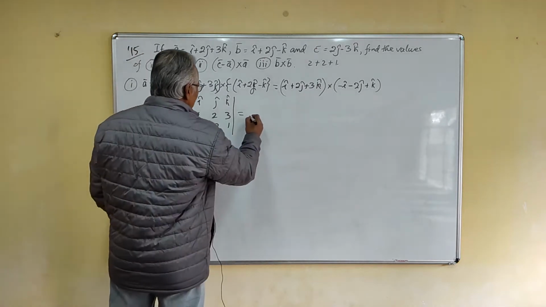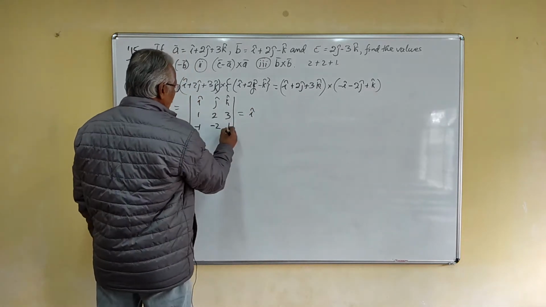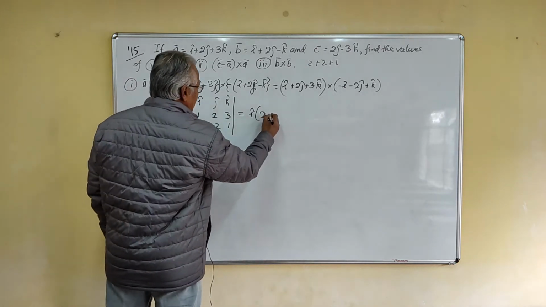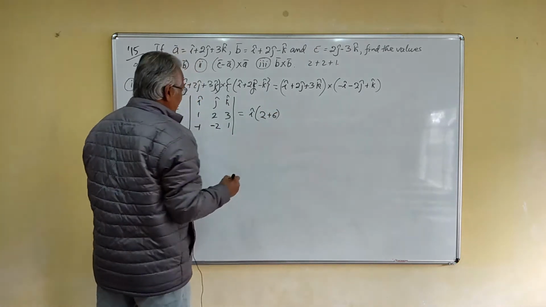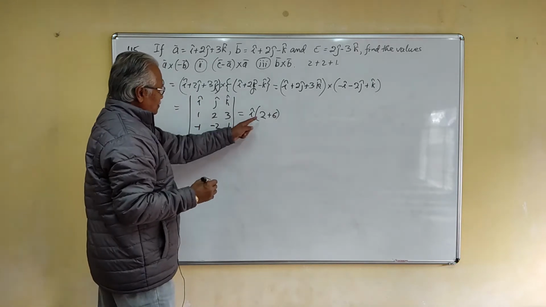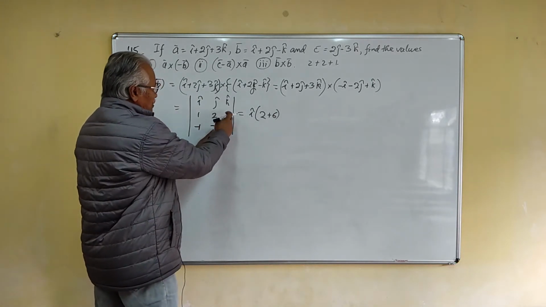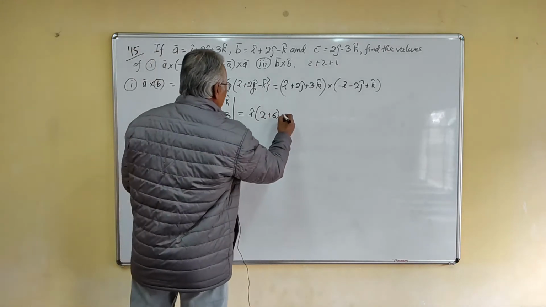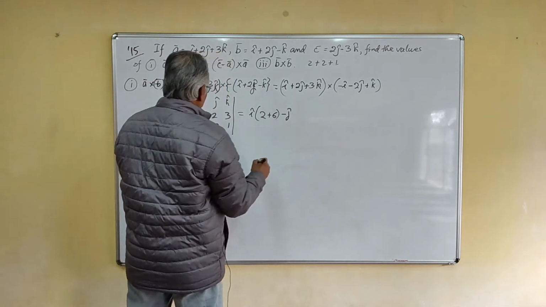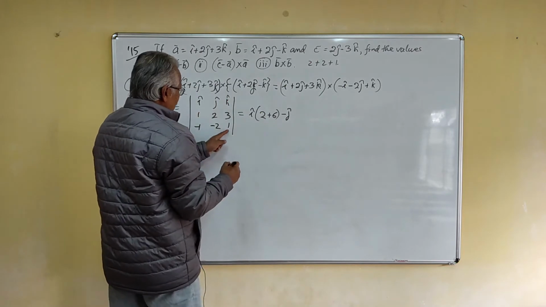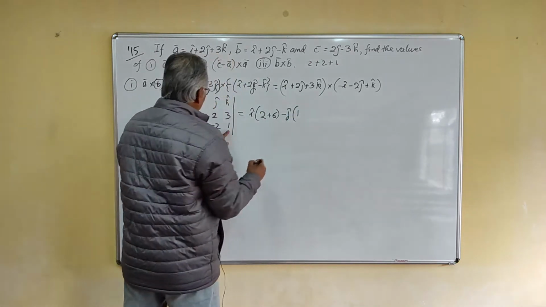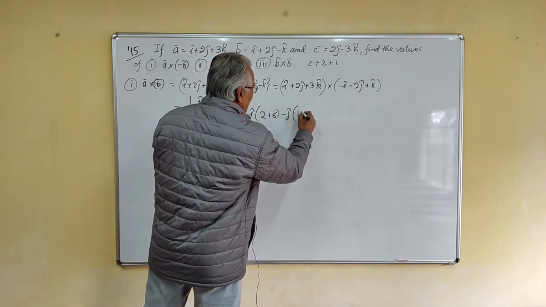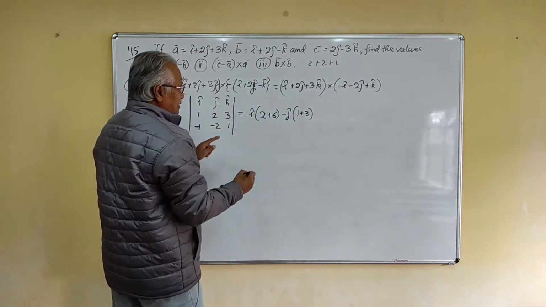It will be i times what? 2 ones are 2, subtract 2 threes are 6, subtracting minus 6, it will be plus 6, and then minus j times 1 one is 1, right? Then subtract minus 3, that will be plus 3, right?